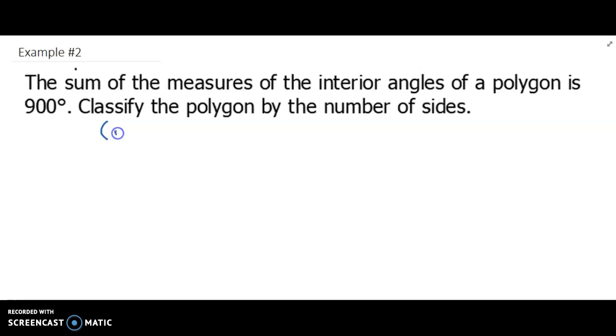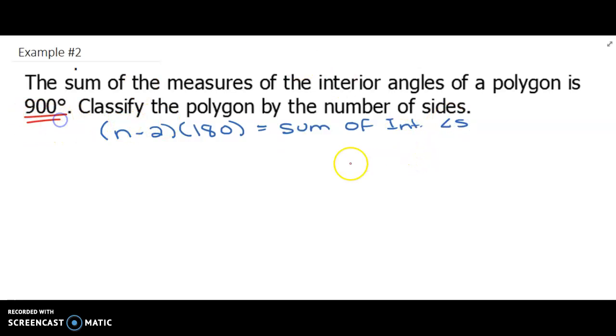So we do know that n minus 2 times 180 equals the sum of the interior angles of the polygon. Well, we know the sum is 900. So I can just say n minus 2 times 180 equals 900. Now, some of you want to go ahead and distribute this through, and that's not wrong. You're just making your life a lot harder.